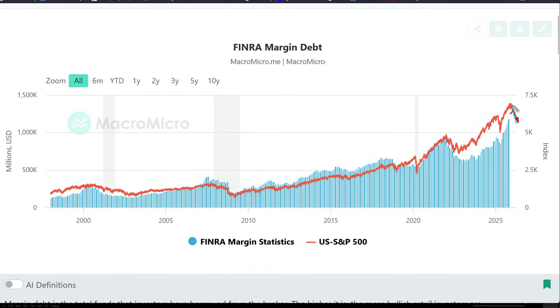Then not only does selling beget more selling, but the brokerage houses will tighten up, or even the exchanges will increase margin requirements. And that hurts those that are already on margin, because then they say, by the end of tomorrow or end of today, we're going to increase the margin requirements, meaning they've just reduced your buying power, and that further exacerbates the selling because you get more margin calls.